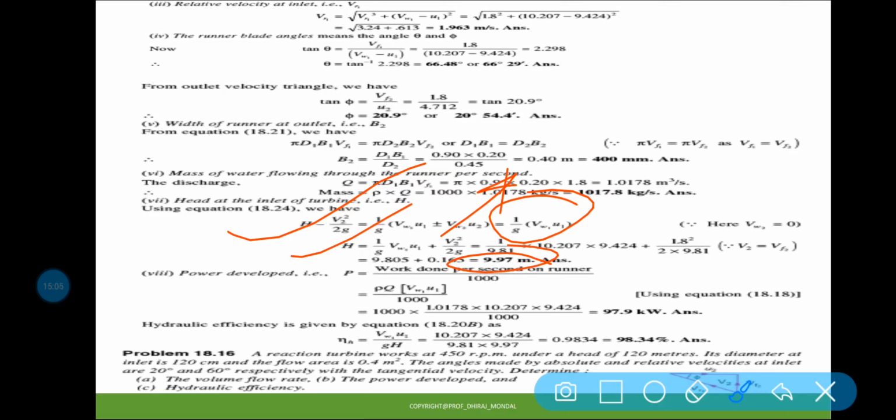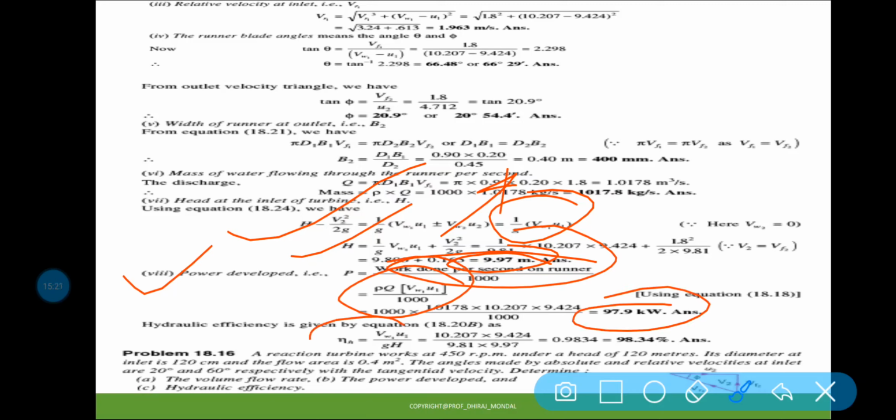Clear? Last point, question number 8: power developed is equal to work done per second by 1000. So rho Q VW1 U1 by 1000, 97.9 kilowatt is the answer.